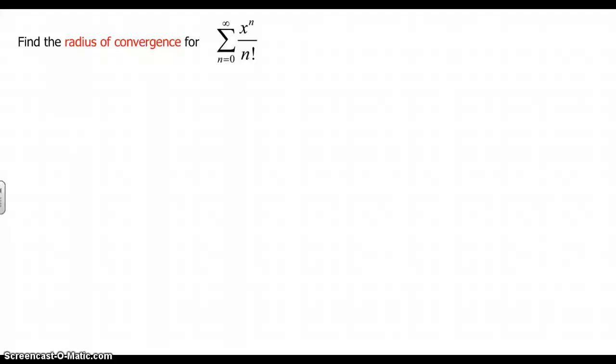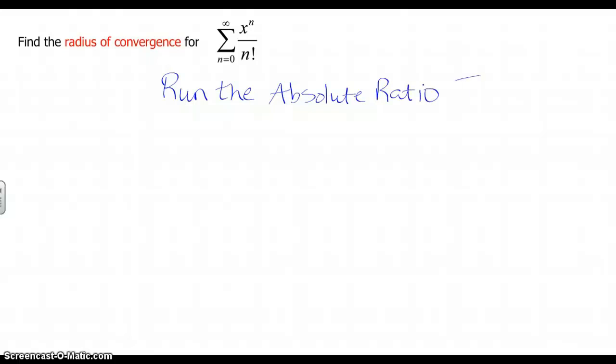Well, it turns out that the process is we are always going to run the absolute ratio test. And we're going to find rho. We know a series, whether it's got x in it or not, converges, and that's what we're after, is convergent values.